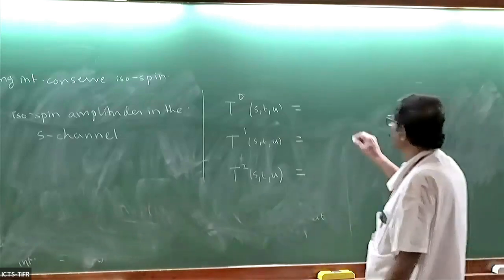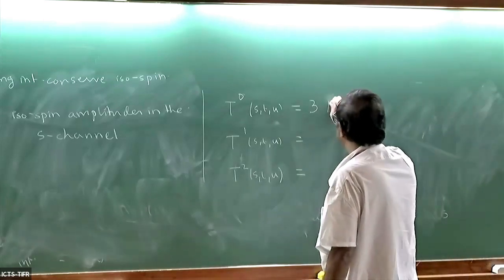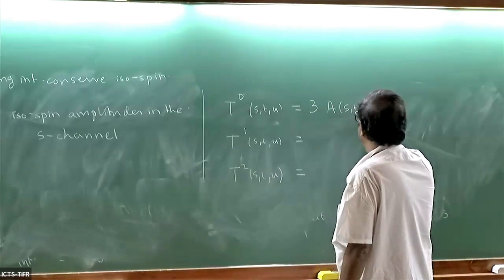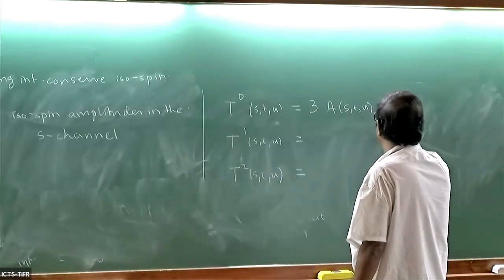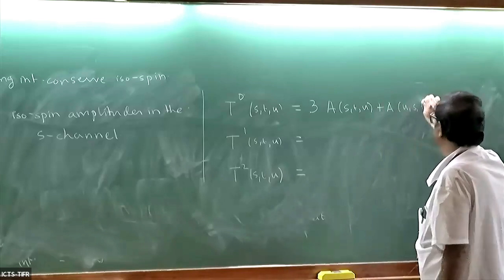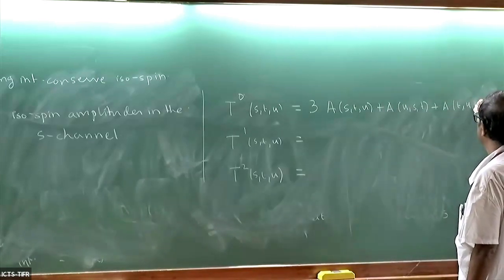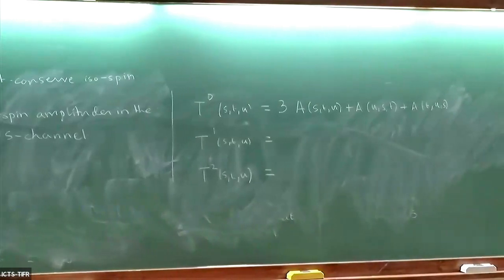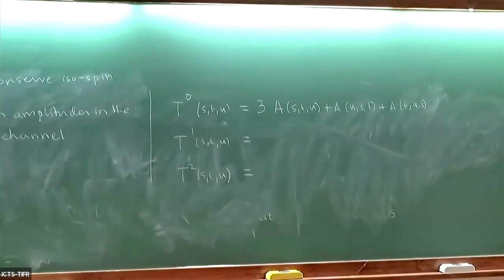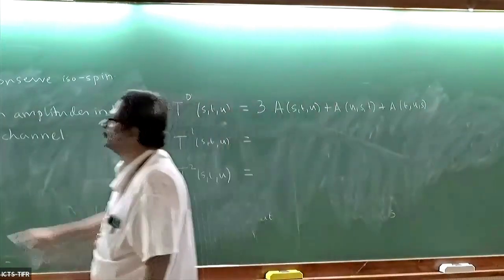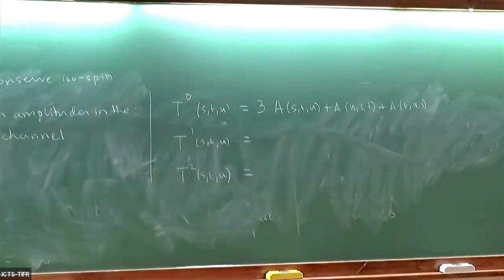Okay, so this is 3 times A(S,T,U) plus A(U,S,T) plus A(T,U,S). Very nice. But I should also tell you that each of these is invariant under the exchange of the last 2 labels. Okay, so this is symmetric.